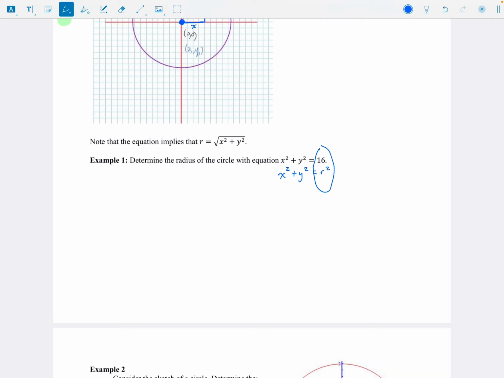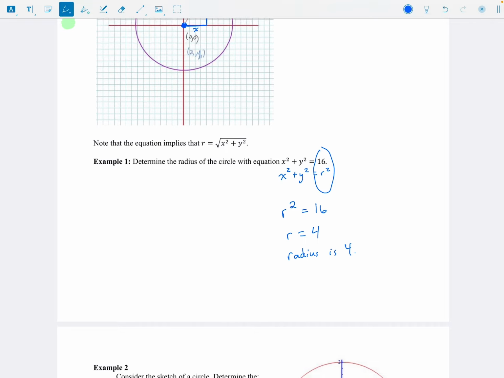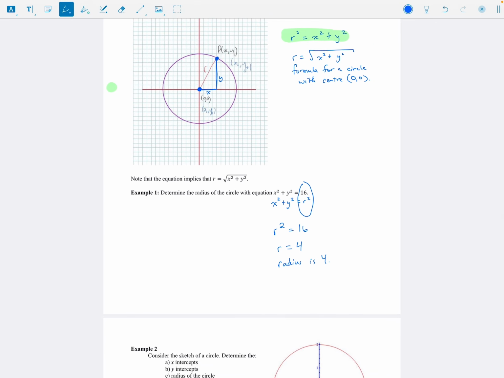So we can see that here the r squared value is 16. If r squared equals 16 and we square root both sides, we get r equals 4. So we know the radius is 4 units. Remember that r is just representing the radius of that circle.